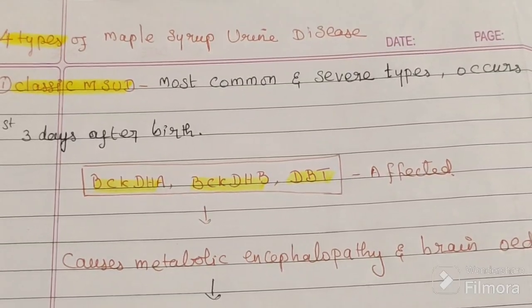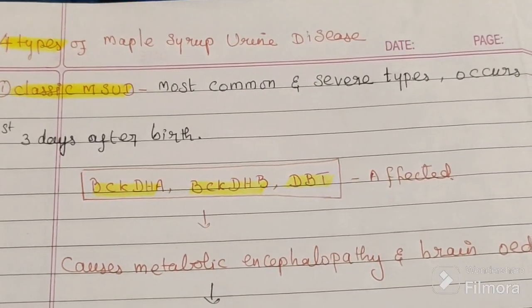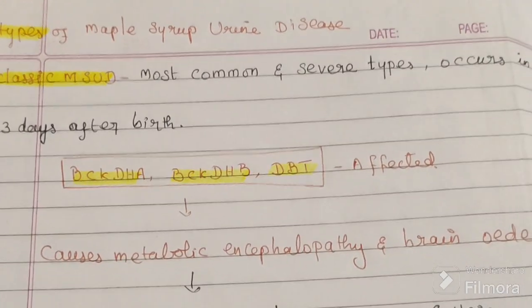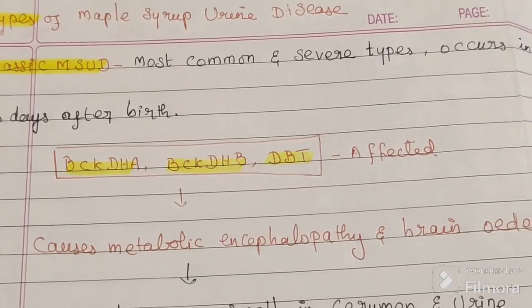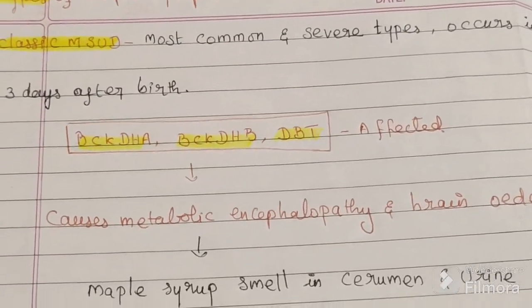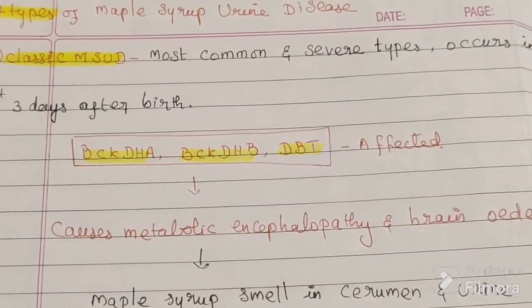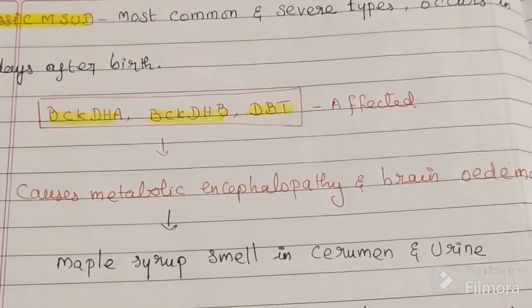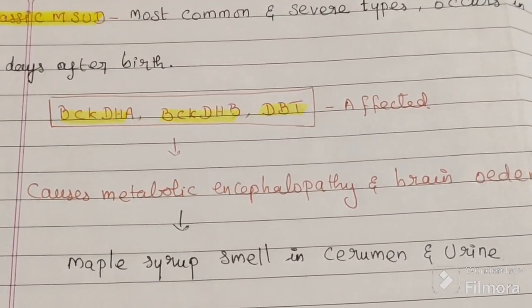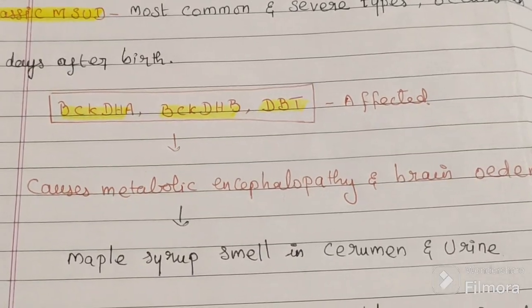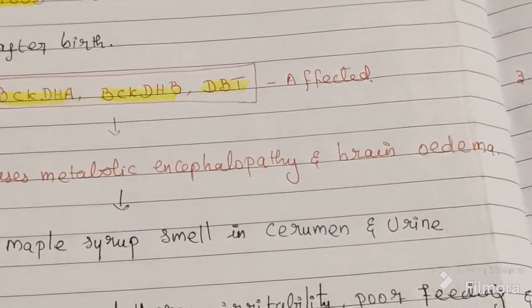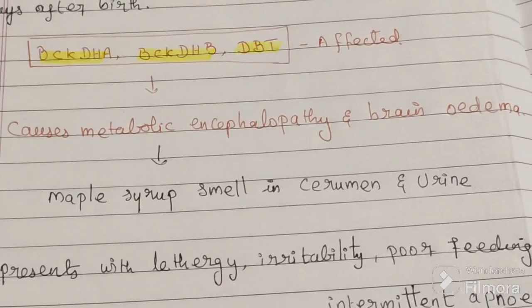BCKDHA, BCKDHB, and DBT are the genes affected. It causes metabolic encephalopathy and brain edema.